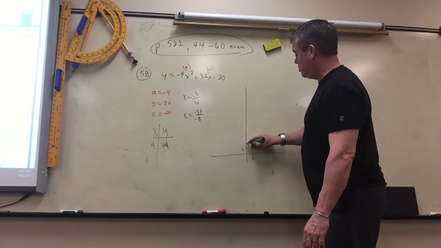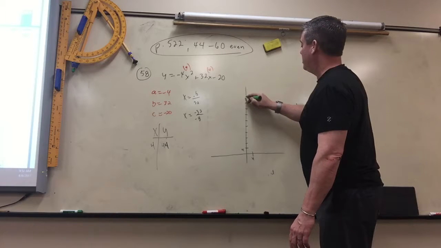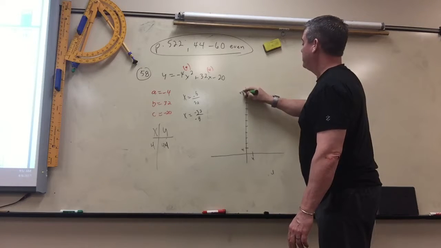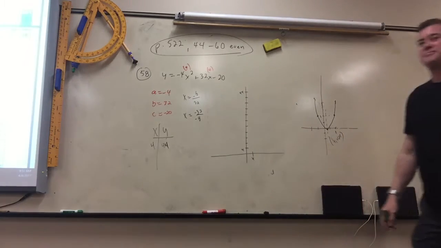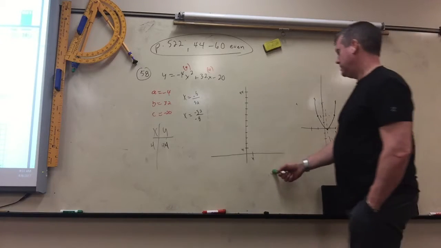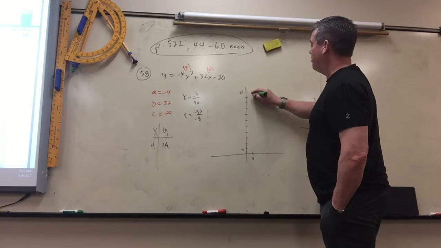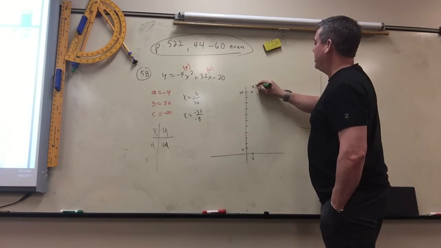So there's 1, 2, 3, 4, 5, 6, 7, 8, 9, 10, 11. So at 4 over, 44 up is the vertex. So you'd label that.